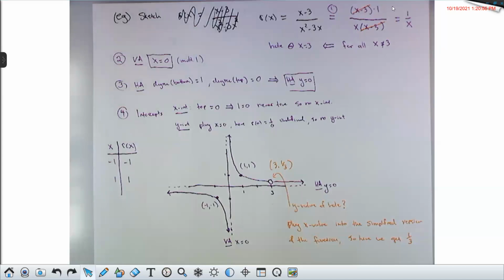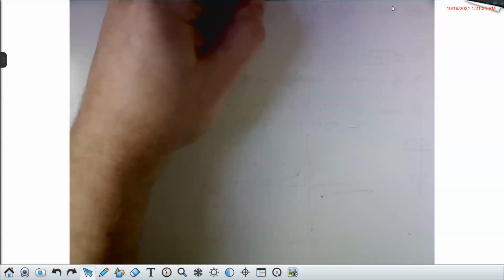All right, let's do one more. One more, and then I'll introduce the inequalities section. How about x cubed minus 2x squared over x minus 2?